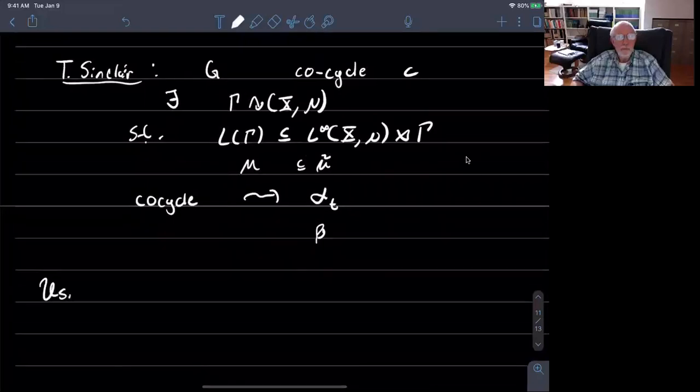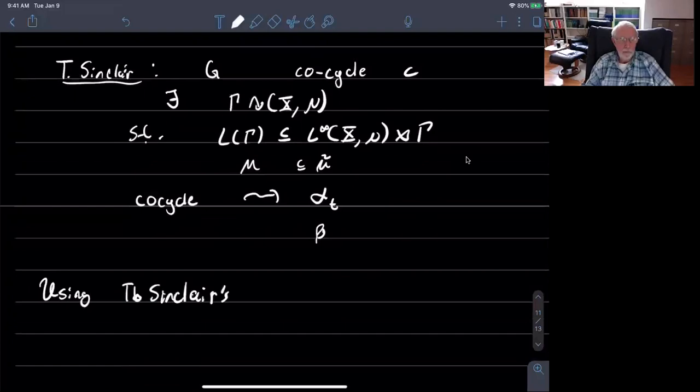using T. Sinclair's deformation, which is known as a Gaussian deformation.